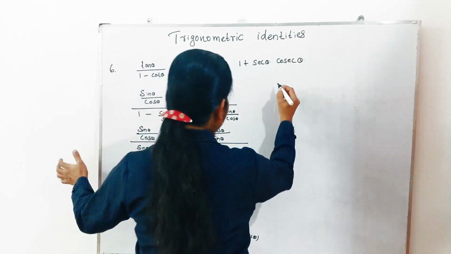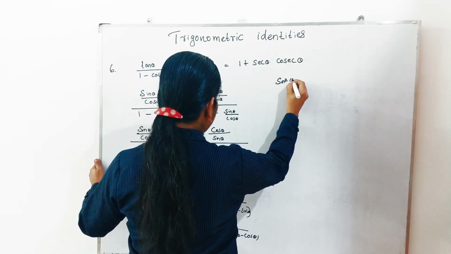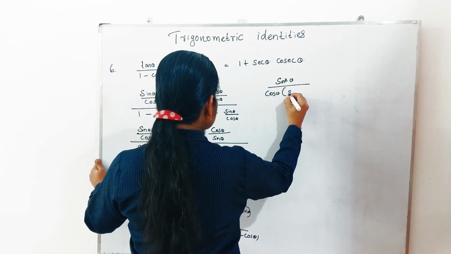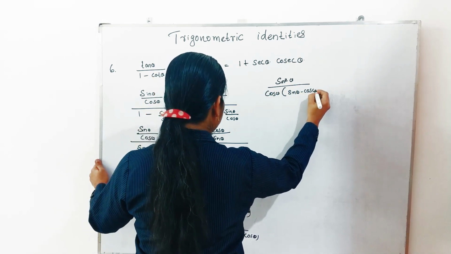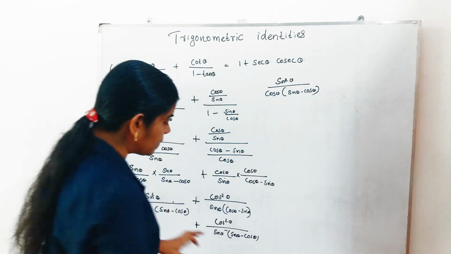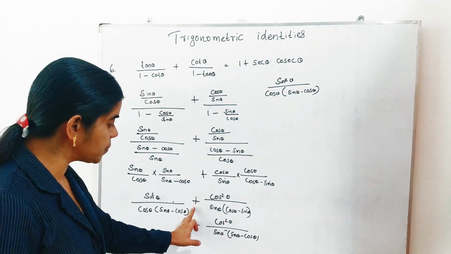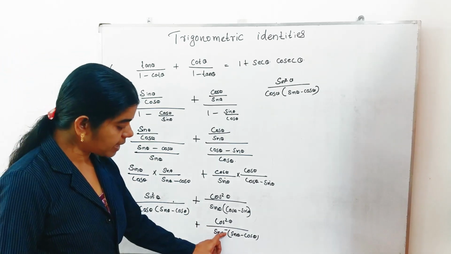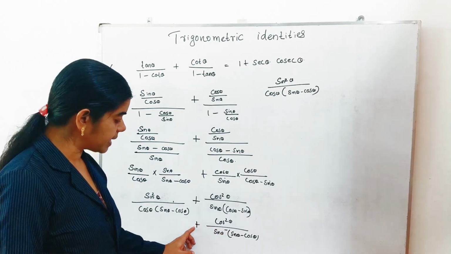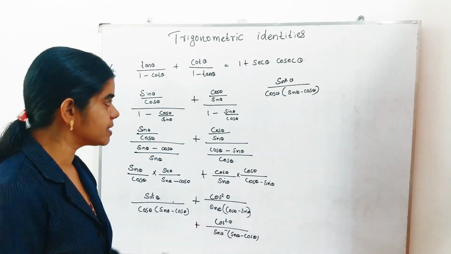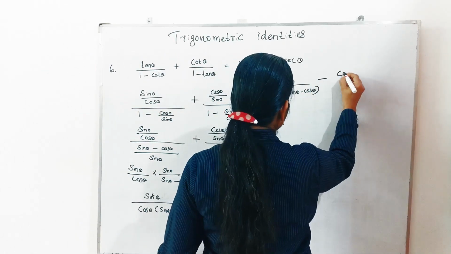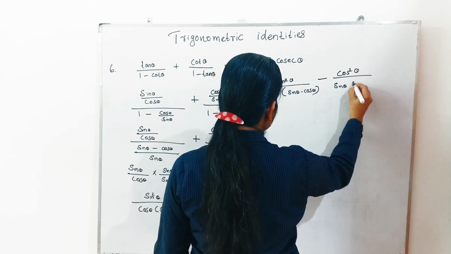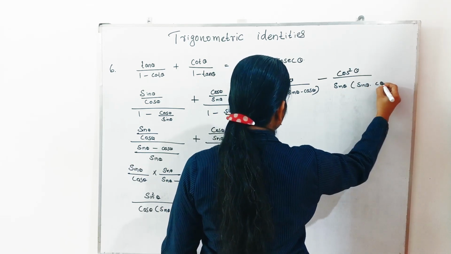Then our equation becomes sin square theta divided by cos theta into sin theta minus cos theta. This minus I have already taken outside, that minus I am giving to here. This plus and minus become negative. So I have taken one minus sign here, that minus I am giving here, so plus and minus become minus: cos square theta divided by sin theta into sin theta minus cos theta.